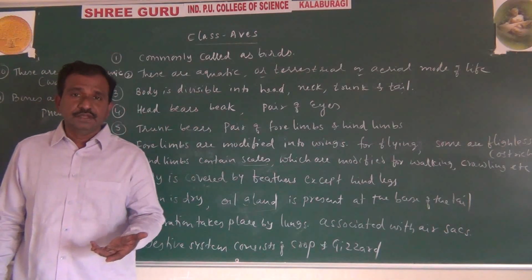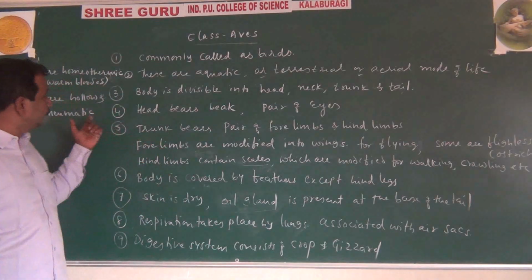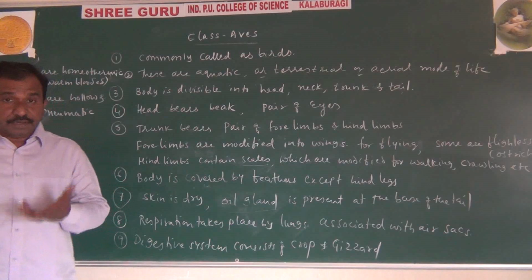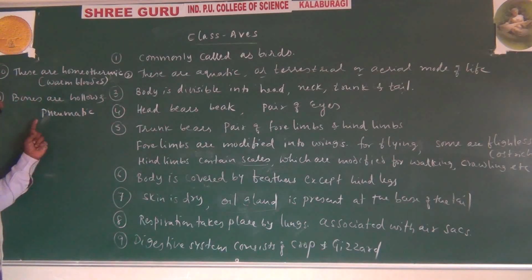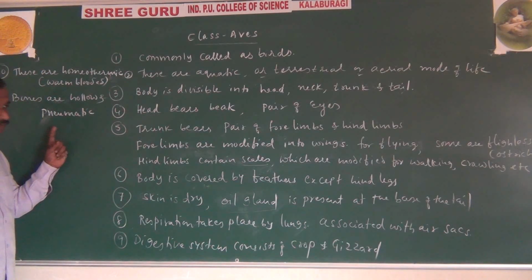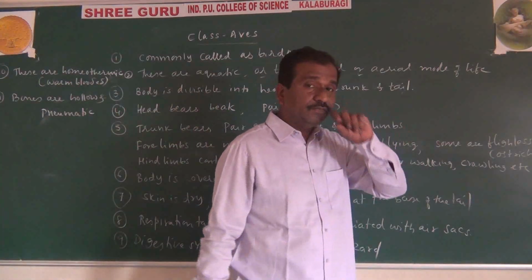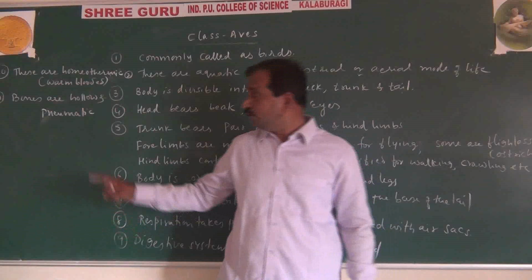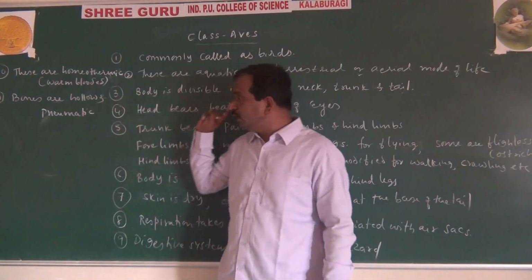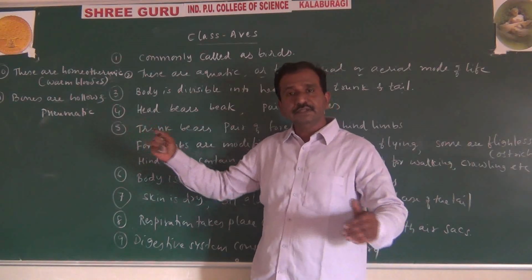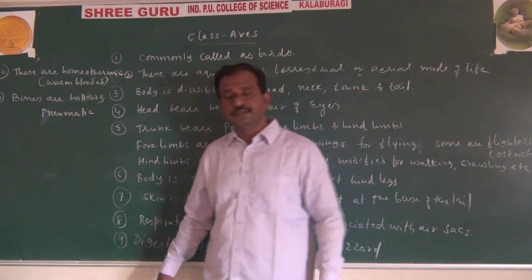If the bones had weight, it would not be able to fly; it would have to struggle. That is why bones are hollow and pneumatic. That is the flight adaptation: bones are hollow and pneumatic, filled with air cavities, so it is able to fly in the air easily.